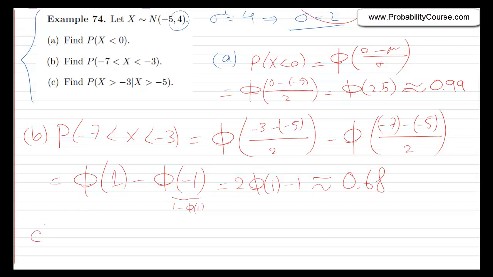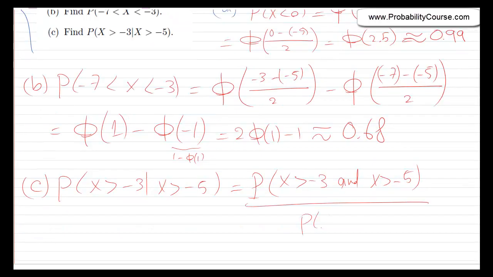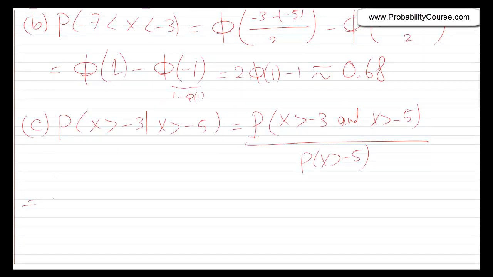And finally, what is the probability that x is larger than -3 given that x is larger than -5? By the definition of conditional probability, this is the probability that x is larger than -3 and x is larger than -5, divided by the probability that x is larger than -5, which is equal to the probability that x is larger than -3 over the probability that x is larger than -5.